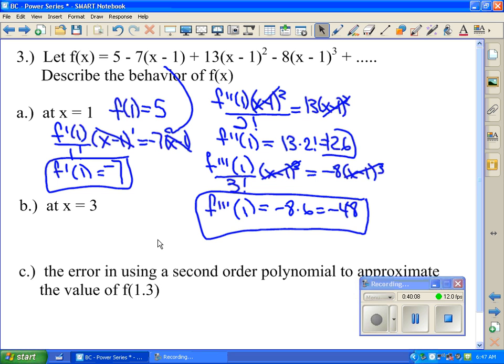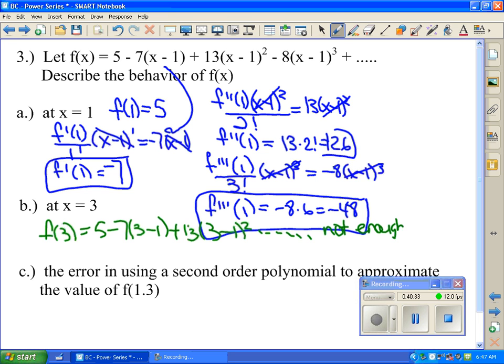At x equals 3, I can't get exact information unless I substitute it in. I can say that f of 3, if I were to substitute it in, would have to equal 5 minus 7 times (3 minus 1), plus 13 times (3 minus 1) squared, so on and so forth. But unless I know what it sums up to, there's not enough information to find the exact value of f of 3.